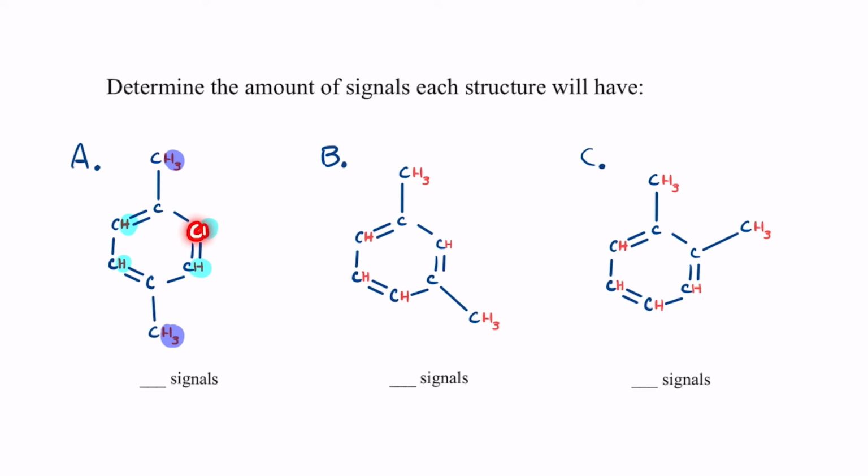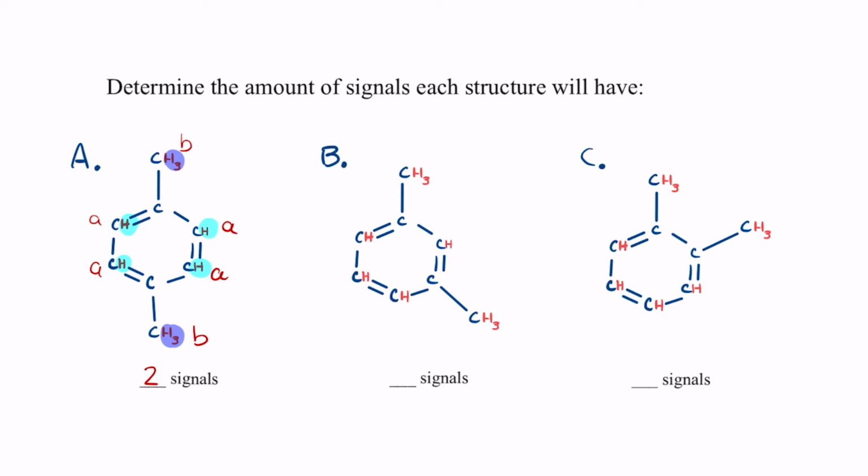Whereas if we look at this one, we see that it's attached to another CH group and this carbon along with this methyl group. So we see that these two guys have the same chemical connectivity, just as well as these two guys. We'll call that signal A. So we have 4 signal A's. And we can call this hydrogen here signal B. And so this molecule has 2 signals.